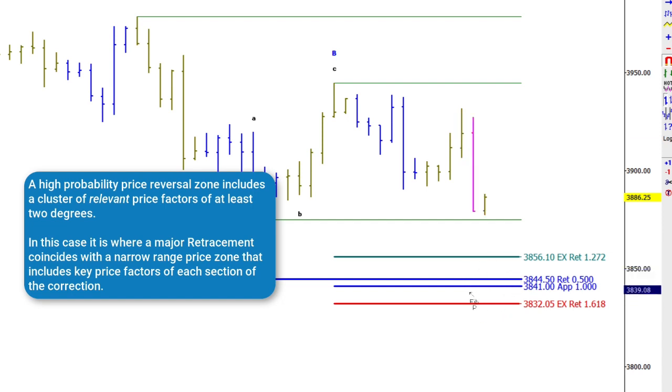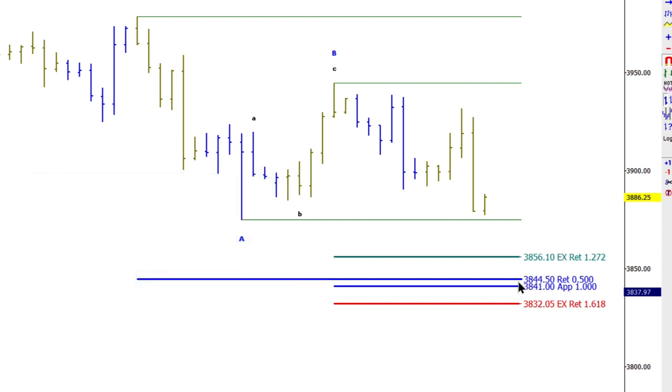overlaps almost equidistant on either side of the 50% internal retracement, 100% alternate price projection. More than likely, if the ES is making a three-section correction in ABC, it's going to be made within the broad zone of 38.32 up to 38.56, and we would be focusing on right in the middle of that zone, around 38.41, 38.44, 45, right around in there.